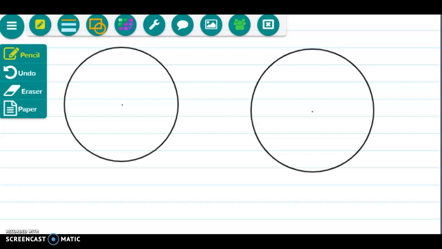Alright, we have two circles. You're only responsible for drawing one, but I wanted to draw two circles so that you can see the different ways to partition your circle into fourths. Alright, one way is to draw a straight line down, and another line going across.